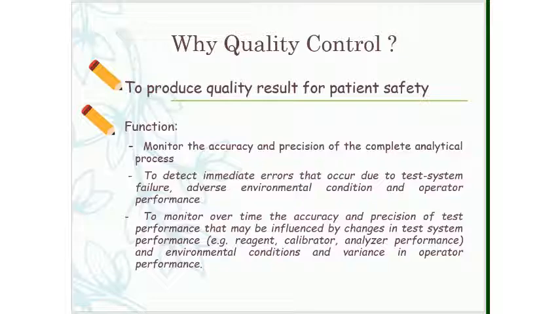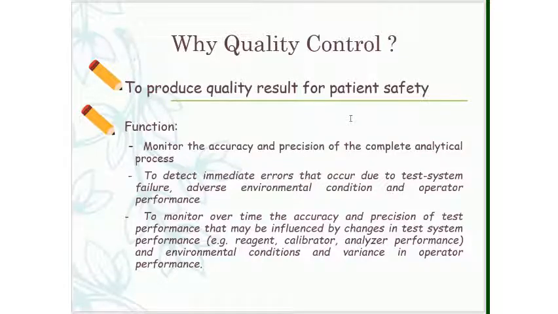So, why do we need to perform QC before or during analyzing the patient specimen? It is because we want to make sure that all the patient results are correct or accurate. So it is for patient safety.